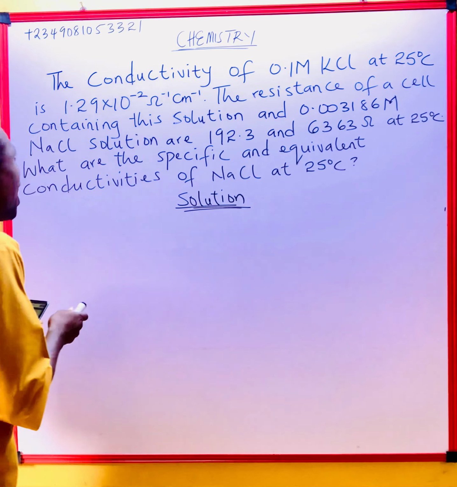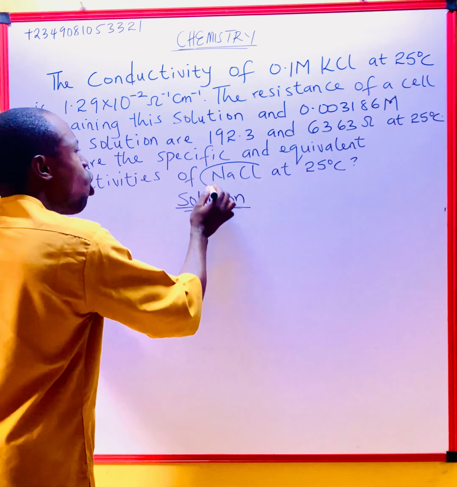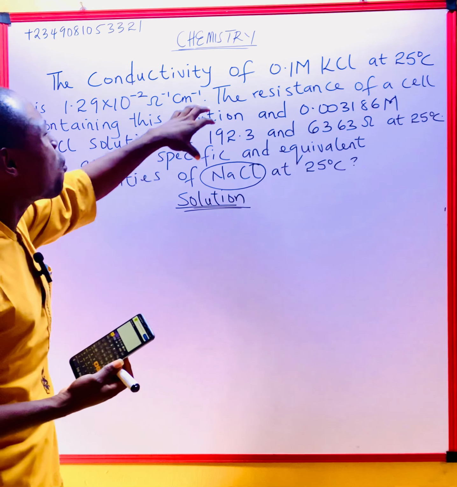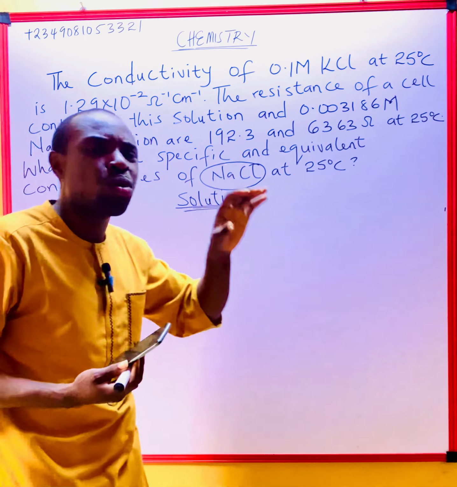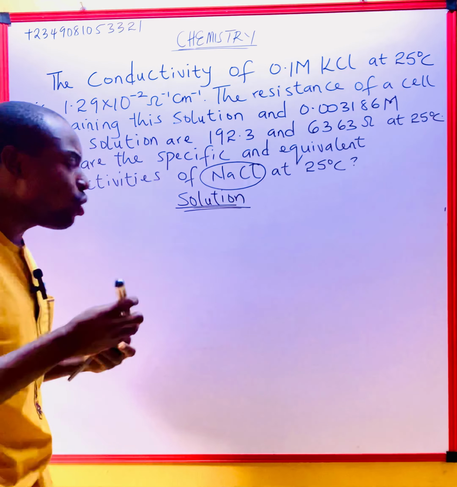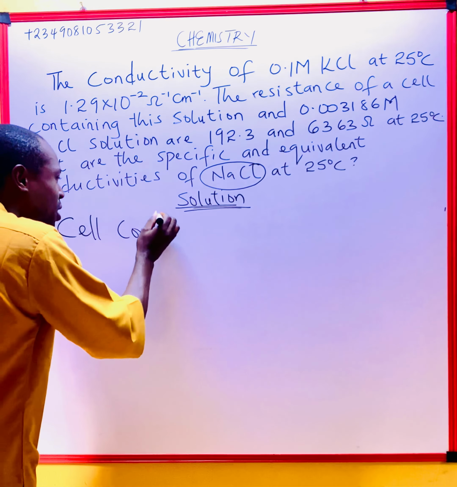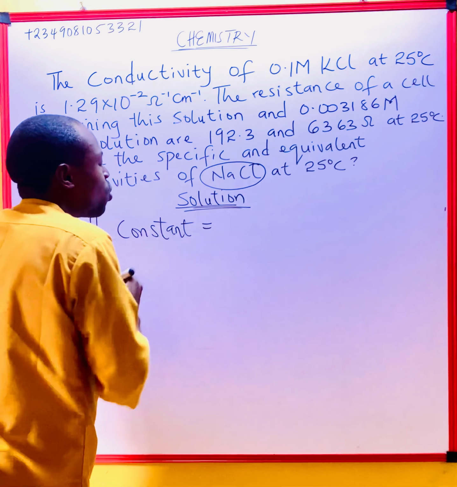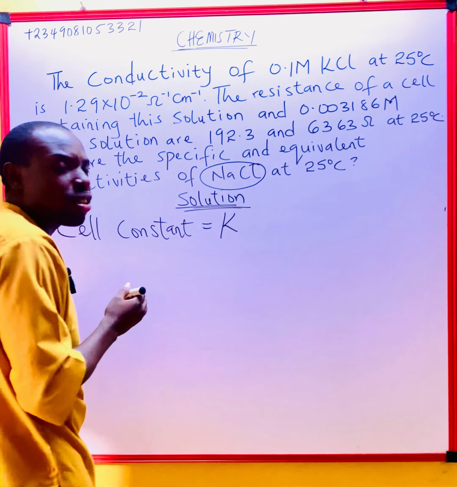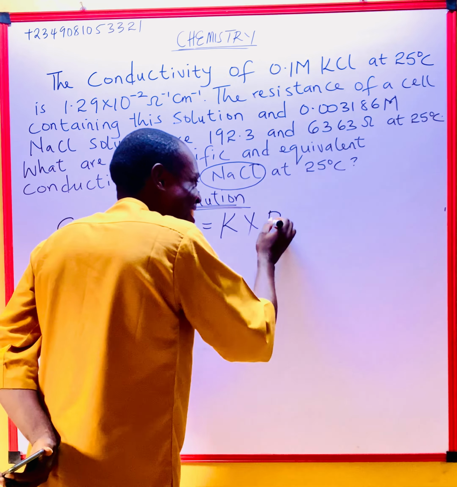Follow me. Now, our interest is sodium chloride, right? For us to solve this question, we need to first of all solve for the cell constant, knowing fully well that cell constant is equal to specific conductance, also called conductivity, multiplied by resistance.